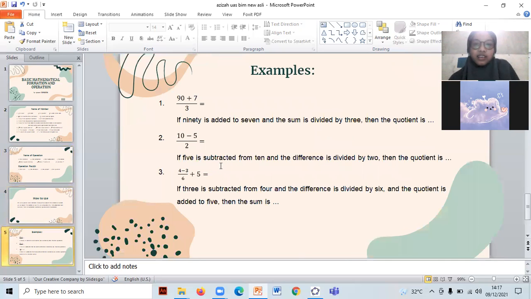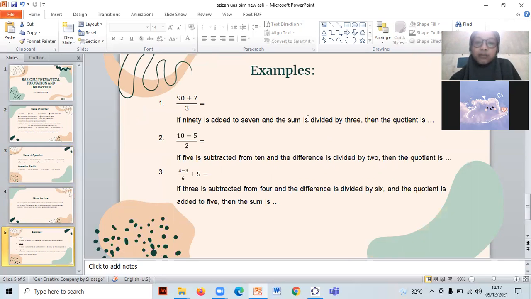Next, examples. In number 1, if 90 is added to 7 and the sum is divided by 3, then the quotient is. If 90 is added to, because it's addition and the preposition of addition is to, so we can use added to.